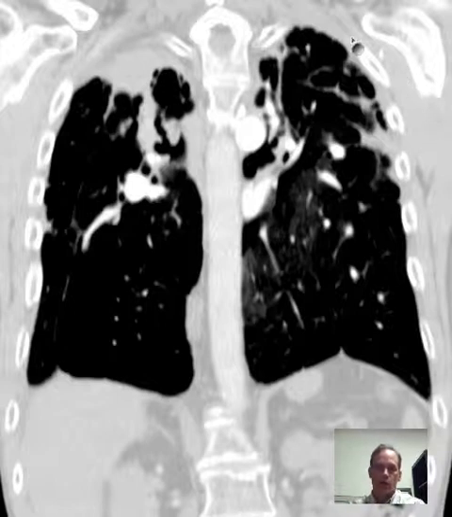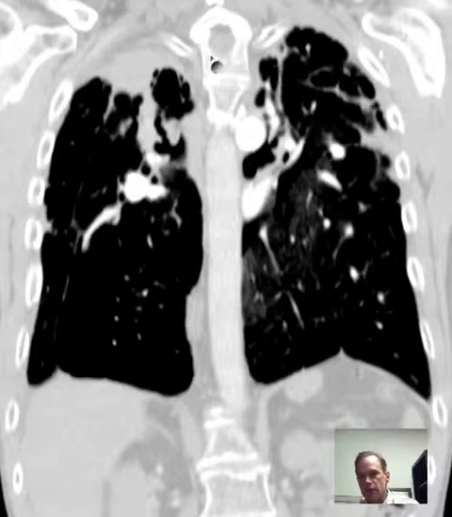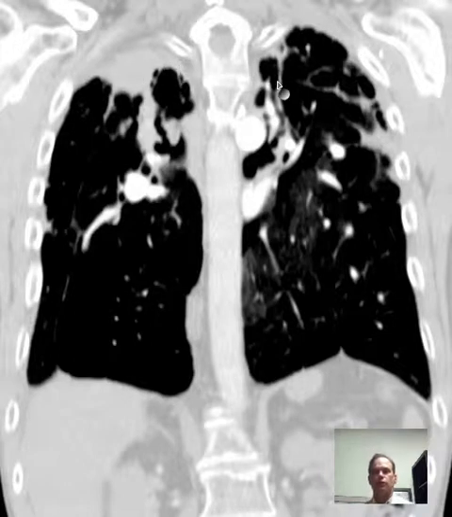So people who are coal miners will develop something like this, and also silica, another material that is mined that can produce silicosis and hilar retraction secondary to bilateral apical fibrosis.